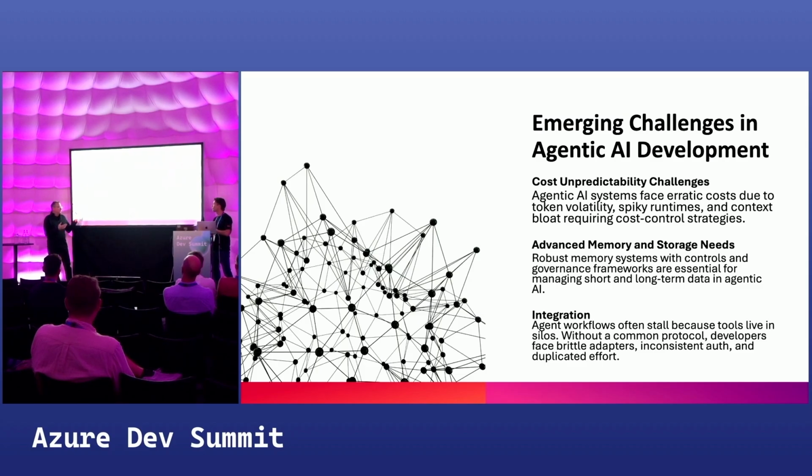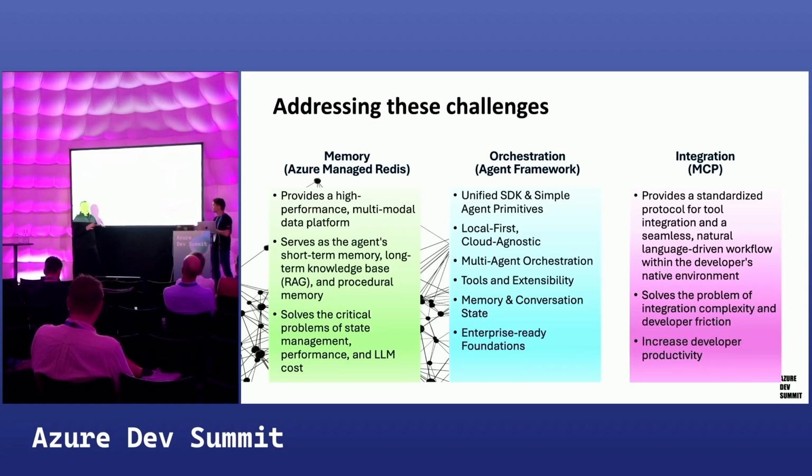We've got memory, which is what we're going to be talking about today. We also have cost. We'll show you some strategies for using Azure Managed Redis to help with cost and token consumption, and then of course integration, how we integrate some of the things that we have, our services, with other services as well. And so really what we're going to look at in this presentation and this demo is 3 areas. We're going to look at using memory management and using short-term and long-term memory.